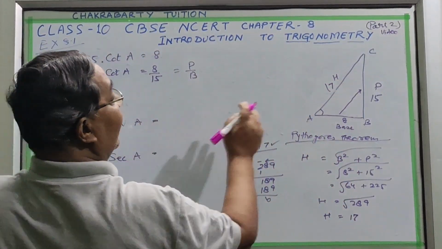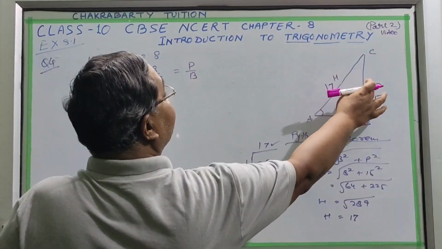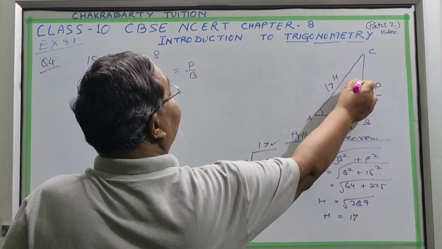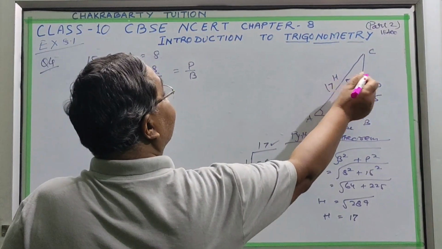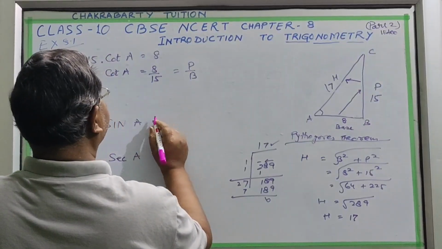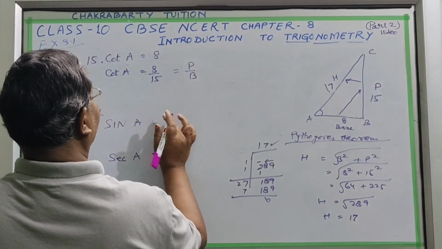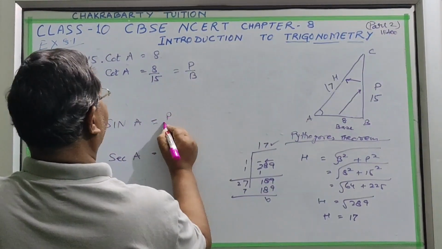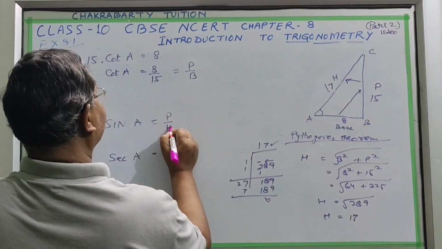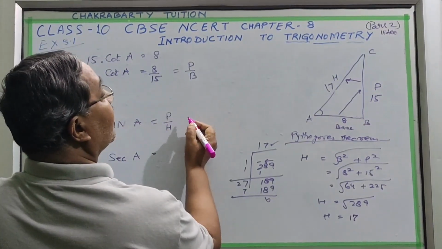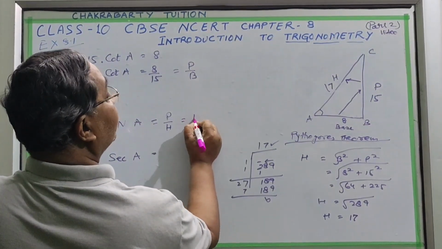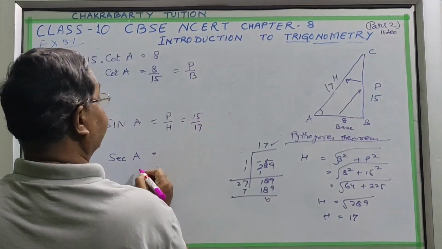Now sin A. Sin A means from here to here. So sin A is equal to P upon H, which is 15 upon 17.